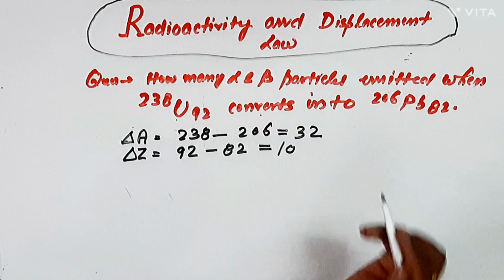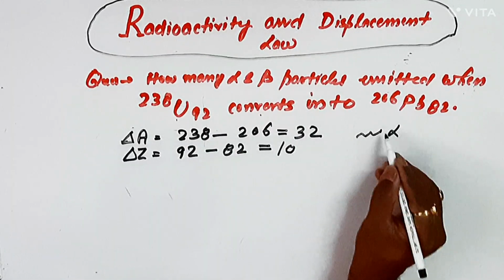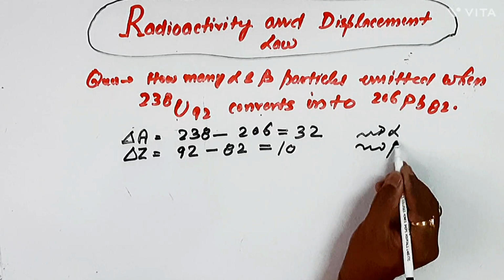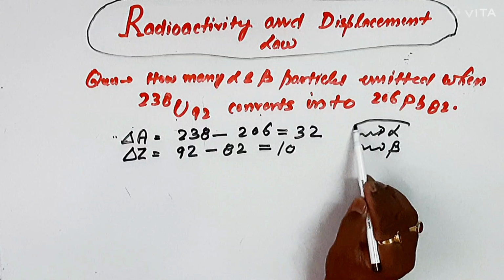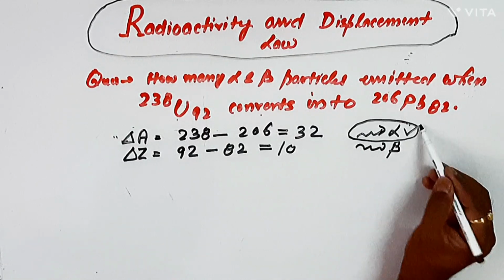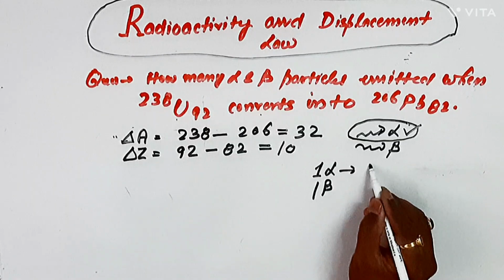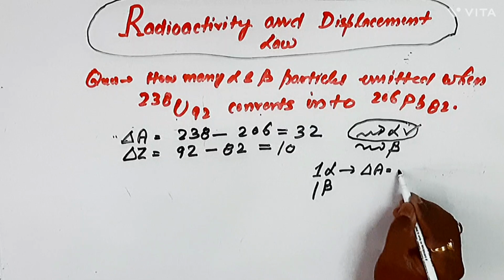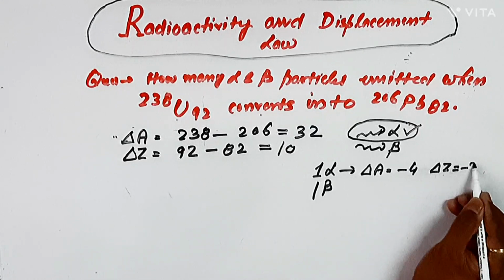How does this transformation occur? Because uranium emitted some alpha particles and it also emitted some beta particles. Since mass number is changed only by emission of alpha particles, first we will see how many alpha particles are emitted. One alpha particle reduces mass number by 4 and atomic number by 2.